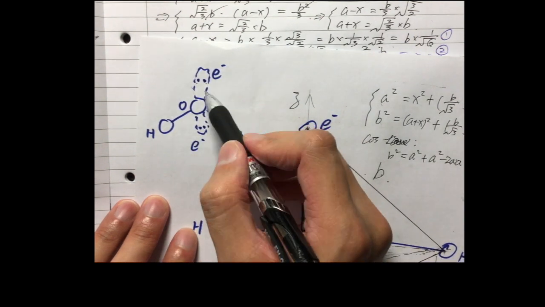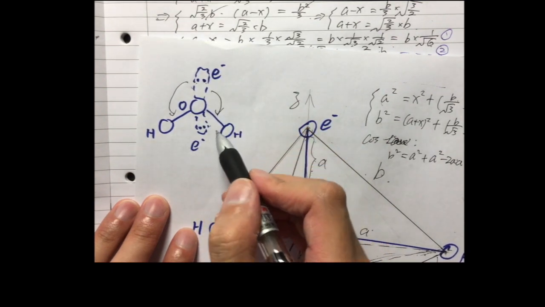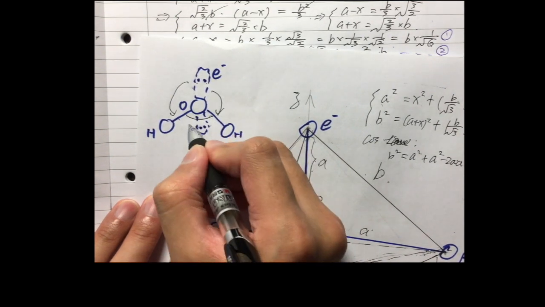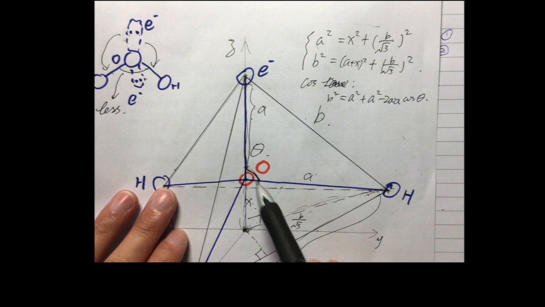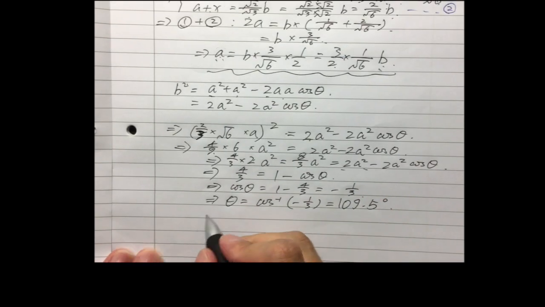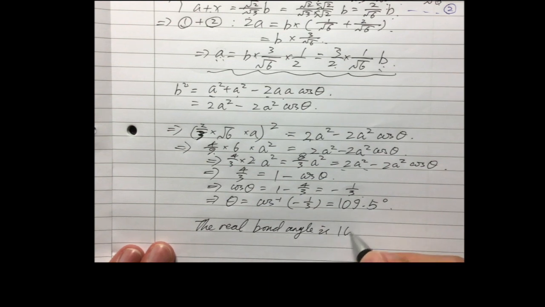So they actually will push this bond and push this bond. This one will also push these 2 bonds in the same way. So this angle will become less than the ideal case. Then we can decide the real bond angle. This is actually 5 degrees less than this, so it's 104.5 degrees.